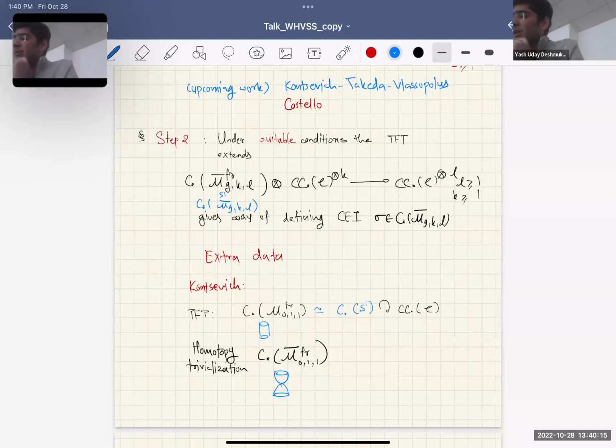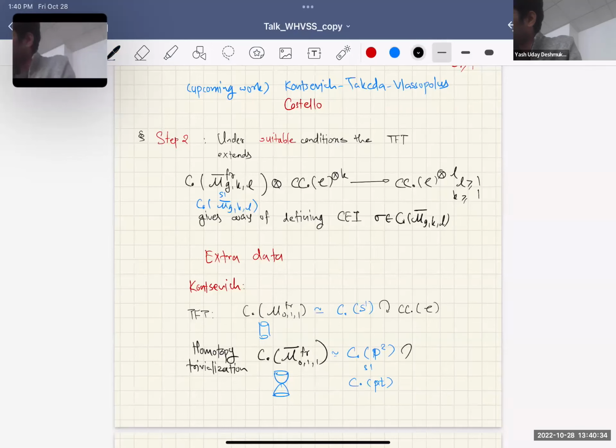So as I said before, the moduli space of non-singular annuli was homotopy equivalent to an S1. So when you add this nodal annulus, the moduli space in fact becomes homotopy equivalent to a disk, which is the same as homotopy equivalent to a point.